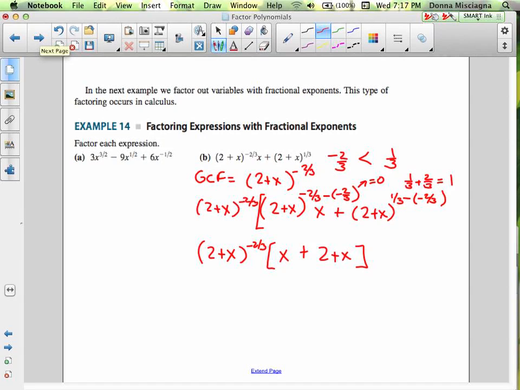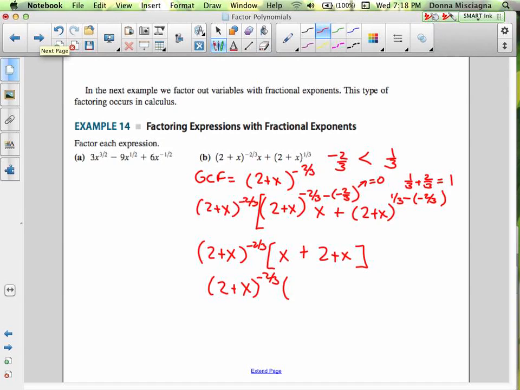There's not going to be any additional factoring here, but we can combine the like terms. I'll leave the first part as 2 plus x, but on the second expression I'm going to put the terms in the same order, the constant first. So we have 2 plus x to the negative 2/3 power times, we've got 2 x's, sorry.